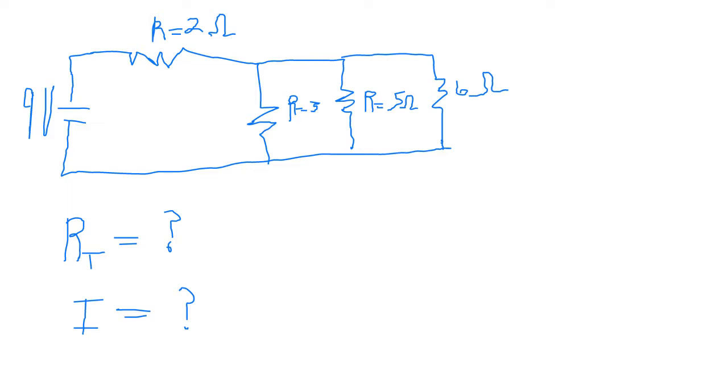So Hunter says 2 plus 1 over 3 plus 1 over 5 plus 1 over 6. Is that correct?